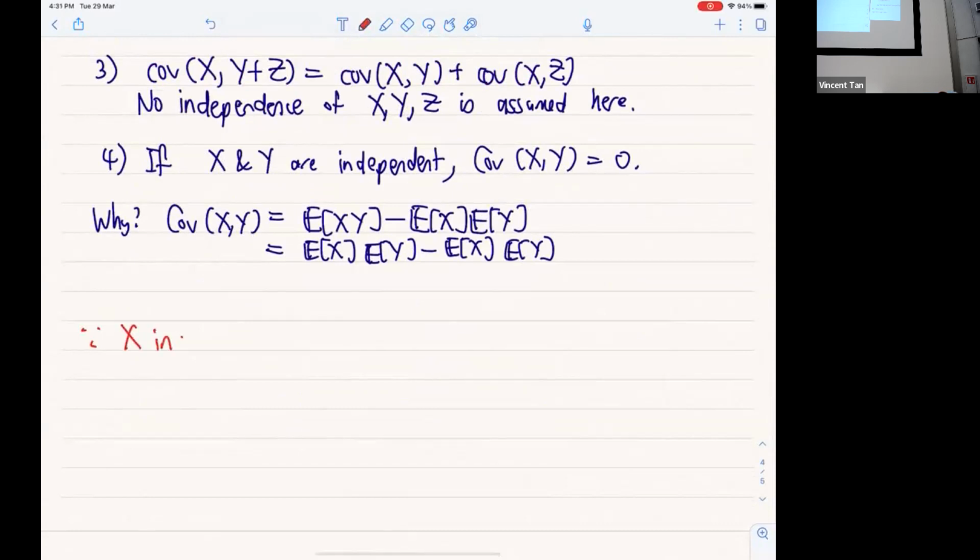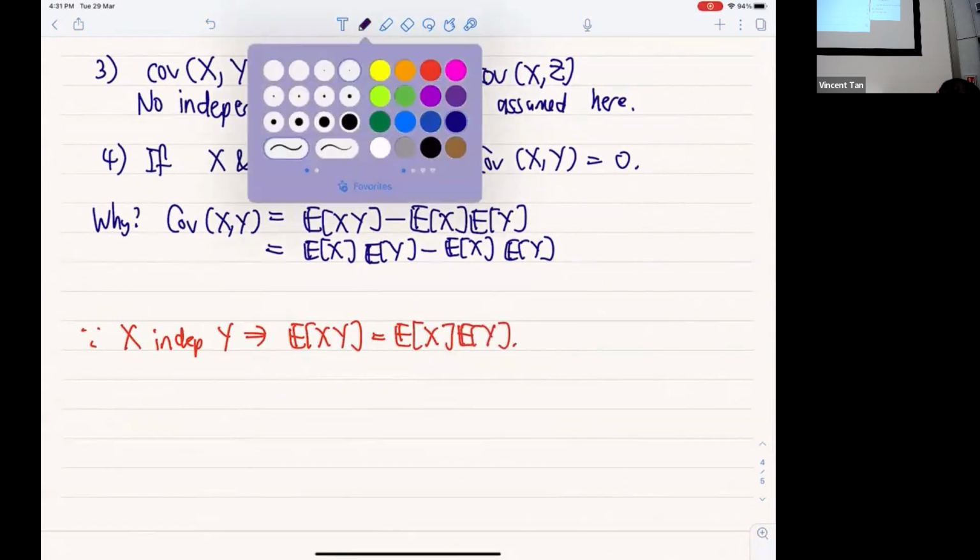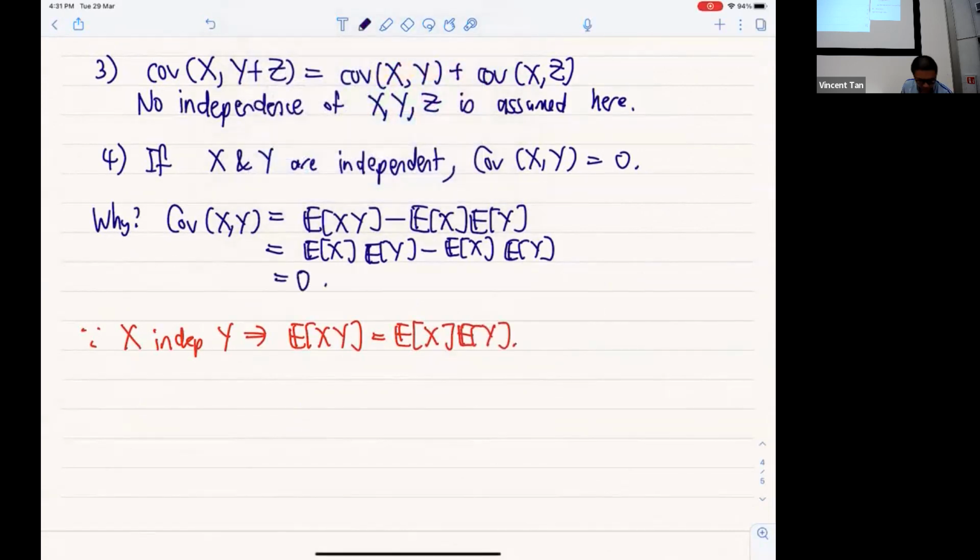X independent of Y implies that the expectation value of XY is equal to the expectation value of X multiplied by the expectation value of Y. And so after we are all said and done, this is equal to 0. So this is a justification of the fact that if X and Y are independent, the covariance must be 0.